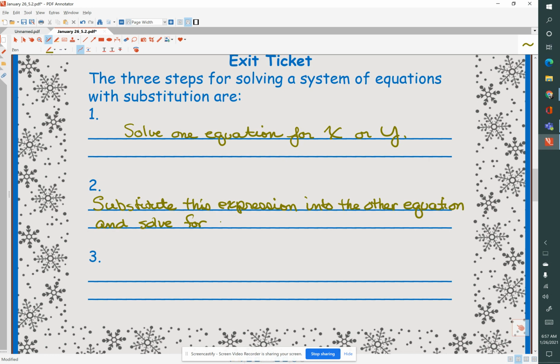Because at this point you will only have one variable to solve for because you've substituted the expression. And then number 3, substitute your answer into the revised equation from step 1 and solve for the other variable.